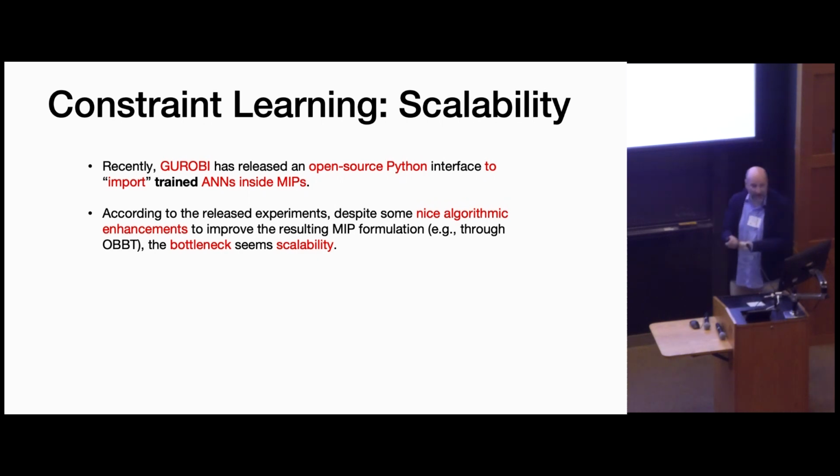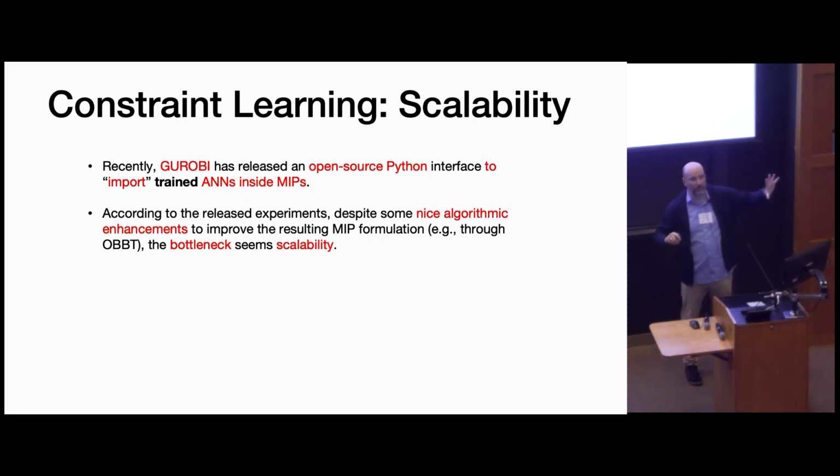So there has been enough evidence that this could be a good tool for mixed integer optimization, and so Gurobi has developed an open source Python interface to import a trained neural network inside a MIP. Okay? And somehow the idea is a good connection between these two worlds, so I can use machine learning for building a part of my model, and at that point I have an automatic tool for importing the neural network and using it in my favorite MIP solver.